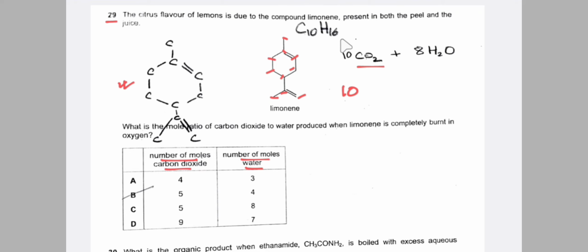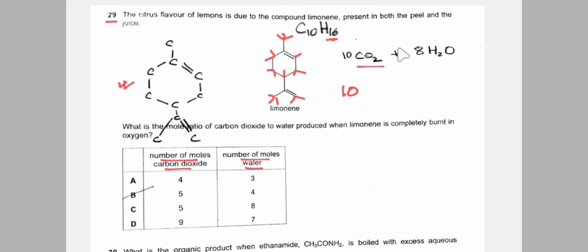And what is the number of moles of water? This carbon is attached to 3 hydrogens, this carbon has 1 hydrogen, then 2, then 2, then 2, then 1, then 3, then this carbon atom is full, then 2.